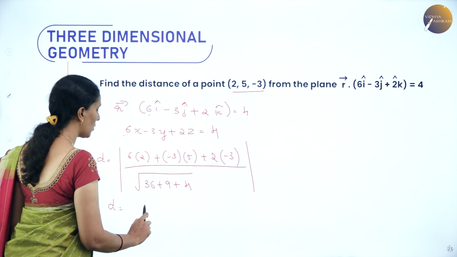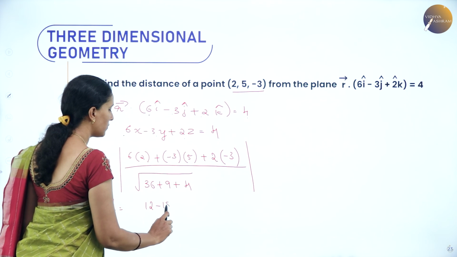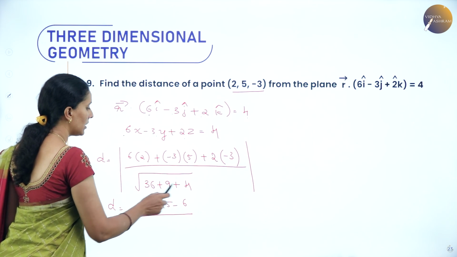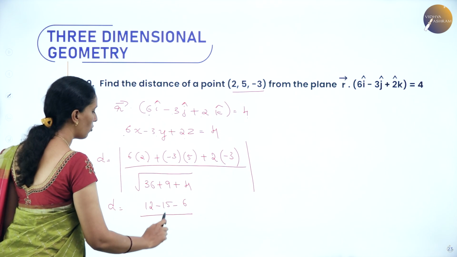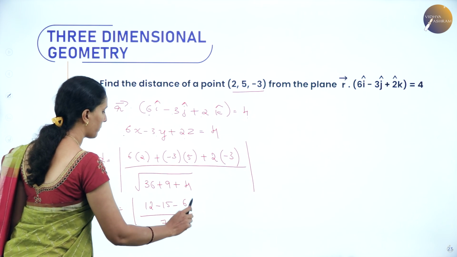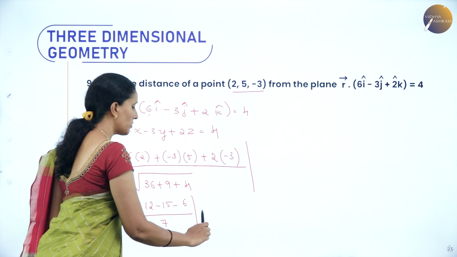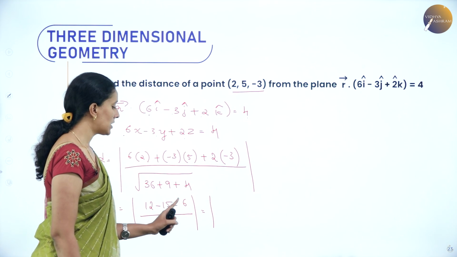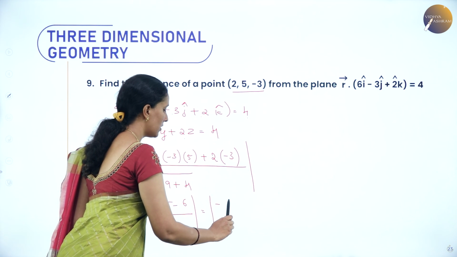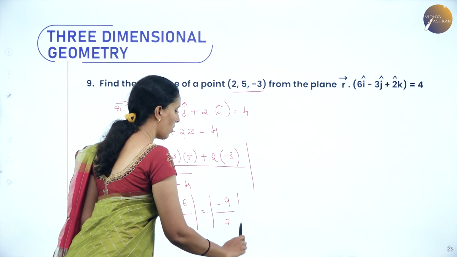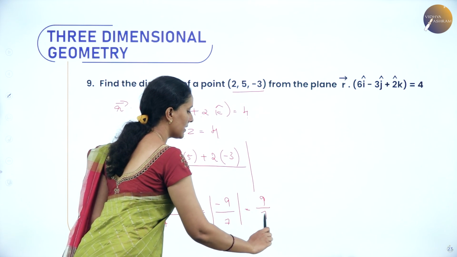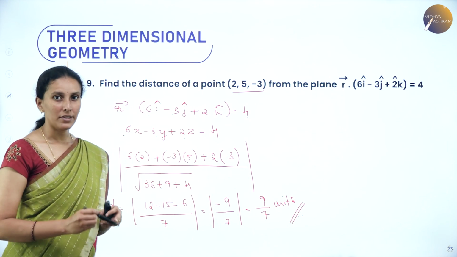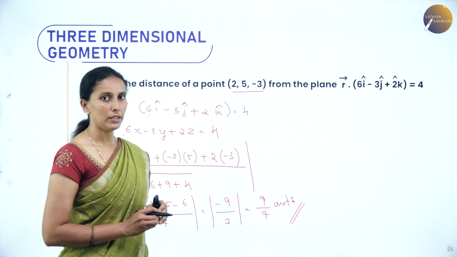We have here d is equal to 12 minus 15 and here minus 6, whole divided by 49, square root of 49 is 7. So on solving here, 12 minus 15 is -3, -3 minus 6 is -9. So -9 divided by 7, or we can write it as 9 by 7 units. So this is the distance of a point from the plane.